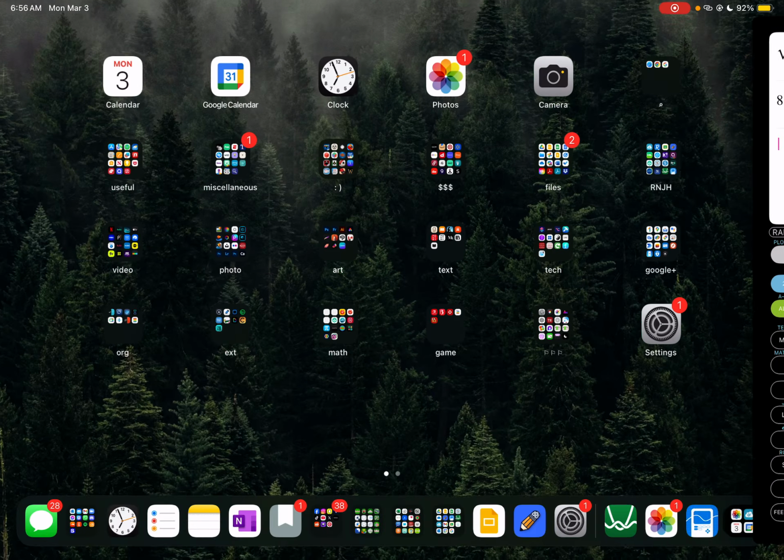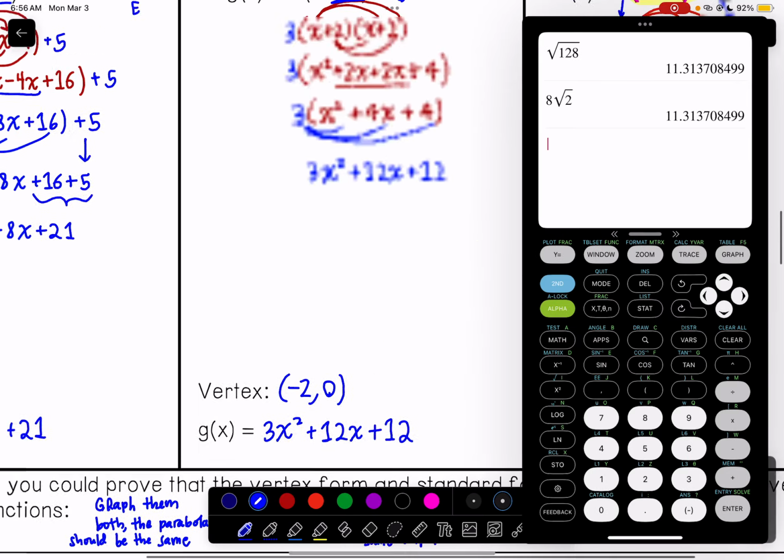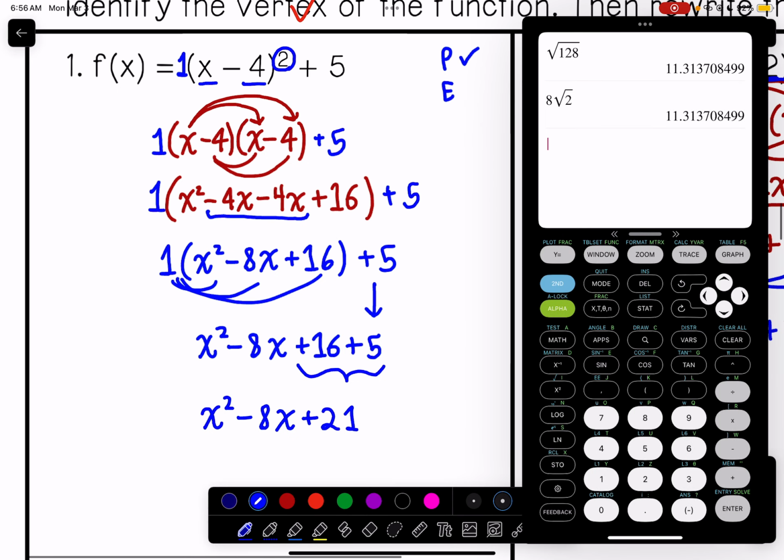Slide over. I'll check number 1 for this one. So I'm gonna pick a weird number. I'll choose, I don't know, 13. 13 store in x. I've got quantity x minus 4 squared plus 5 gets me 86.